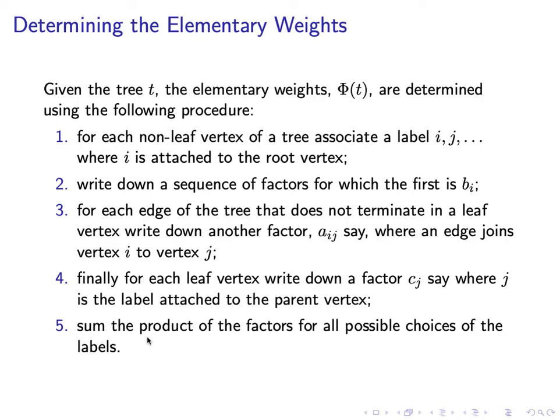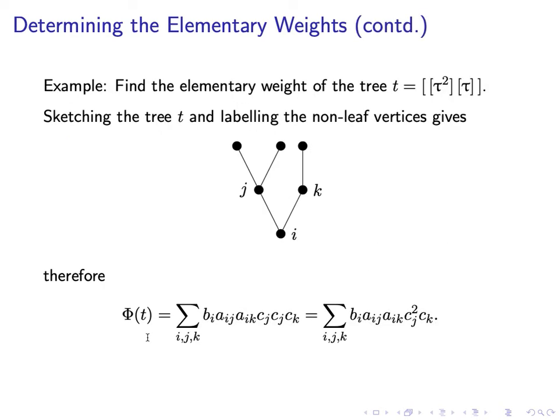And then what we do is we sum the product over all possible choices for the labels. So let's have a look at an example. Here we have a tree, which I've written in tree notation. So we've got a rooted tree, and this rooted tree consists of two subtrees.